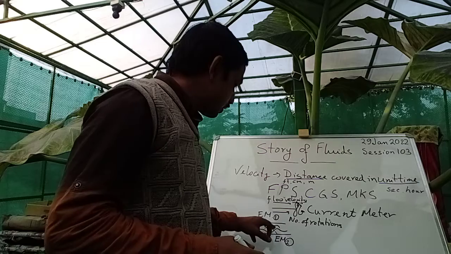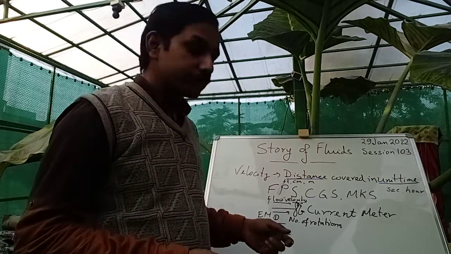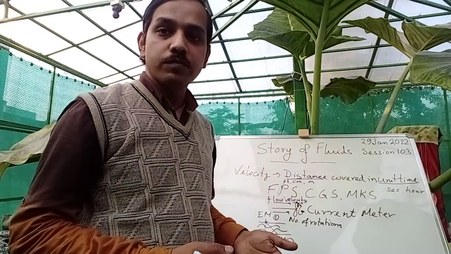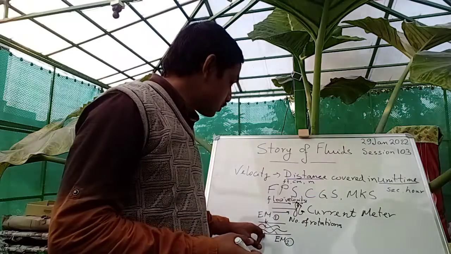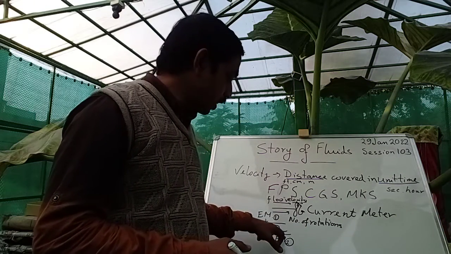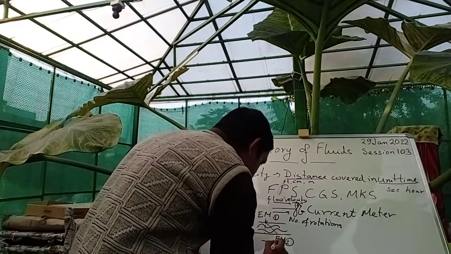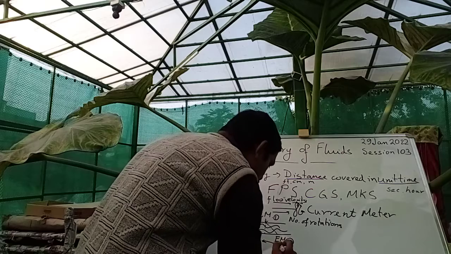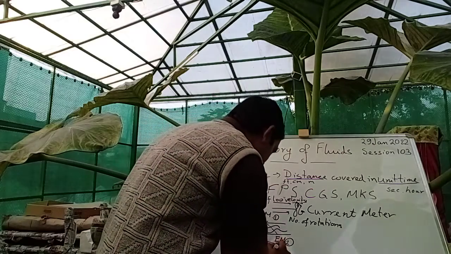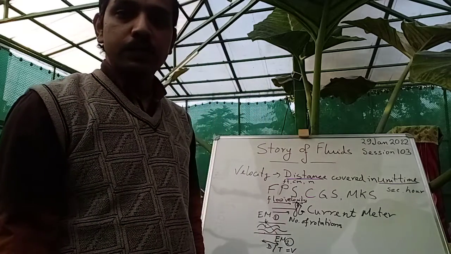Whatever it diverts and after what time, that can be translated into the velocity, because we know it is supposed to reach the same point on the other side, but it has diverted and it is captured after some time. So the distance and the time, if you divide that, that will give you the velocity.